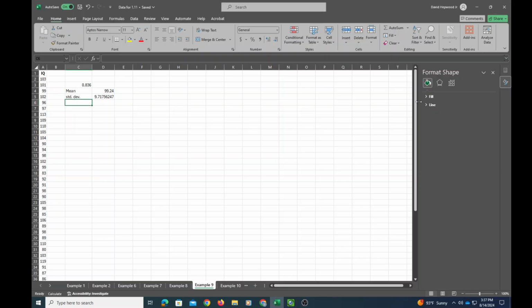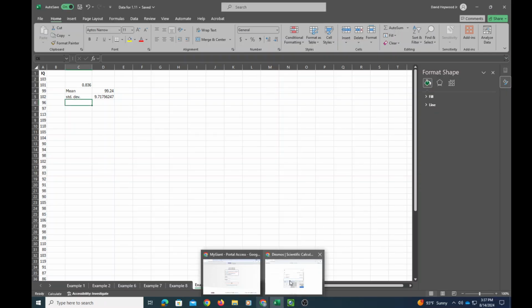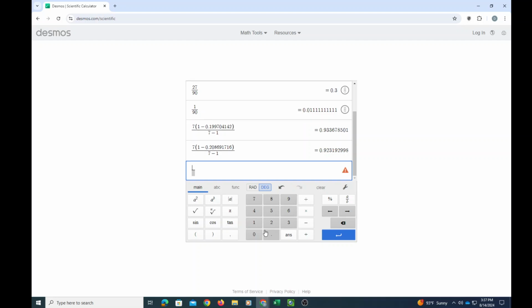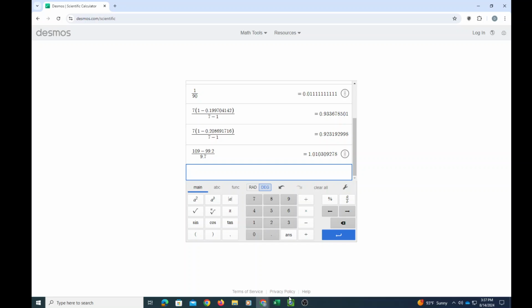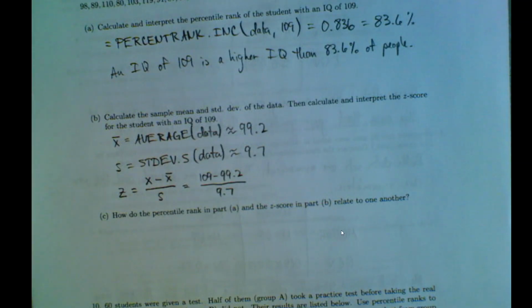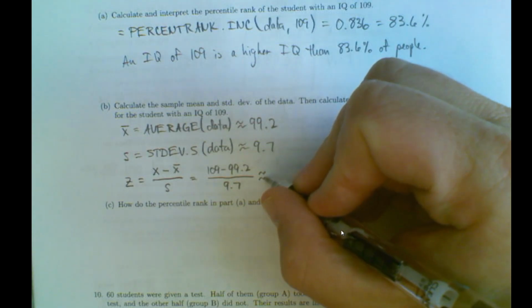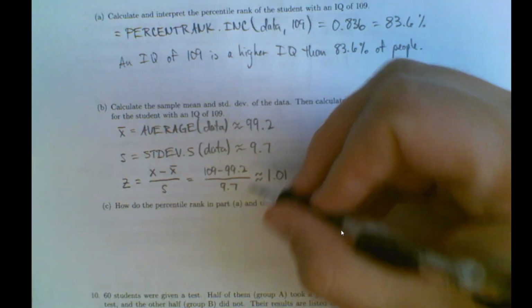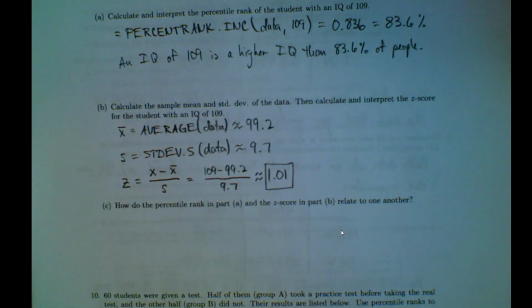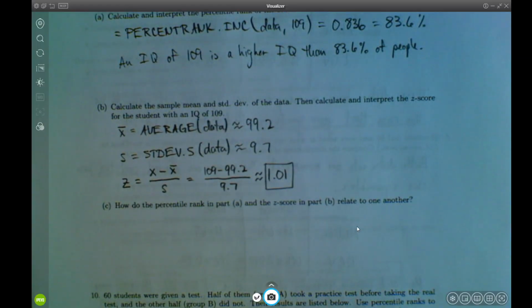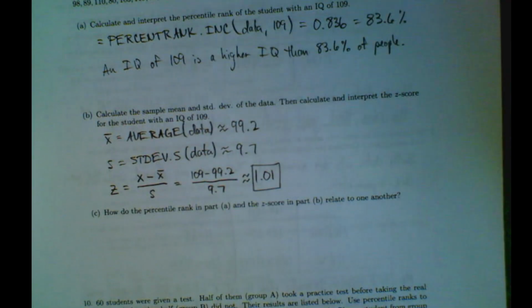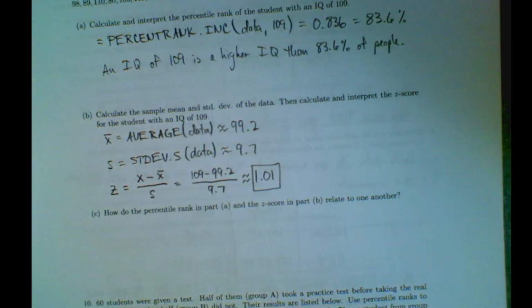Let's see. We'll go over to Desmos this time. 109 minus 99.2 divided by 9.7. That's about 1.01. So there's our z-score. So this individual who has an IQ of 109 is almost exactly one standard deviation above the average IQ score. That's what the z-score means.